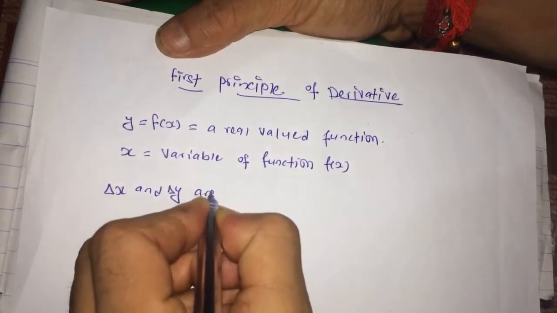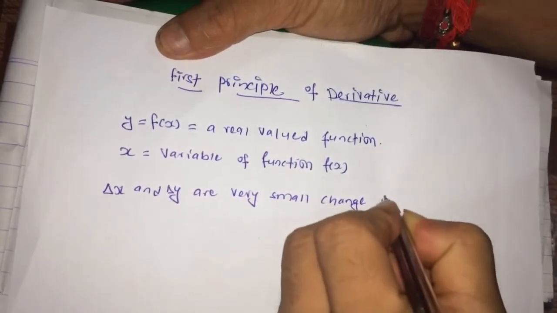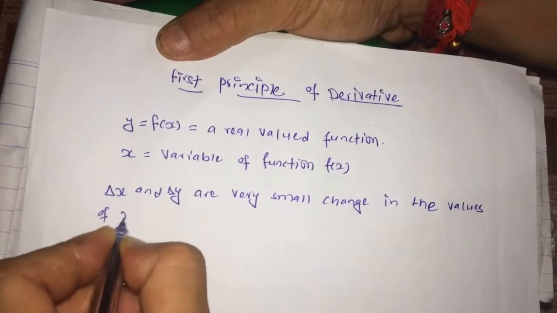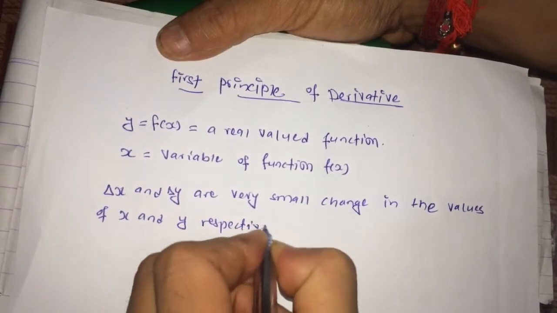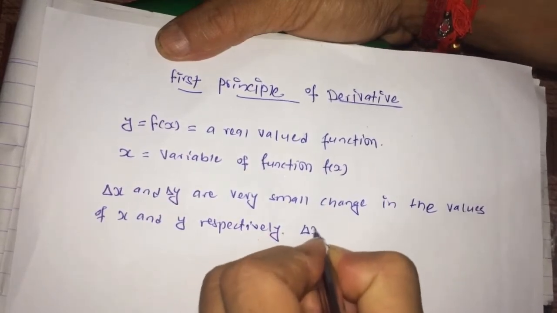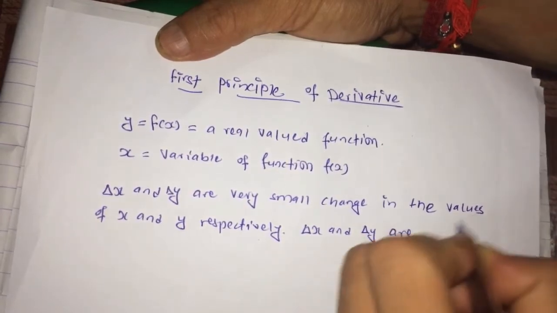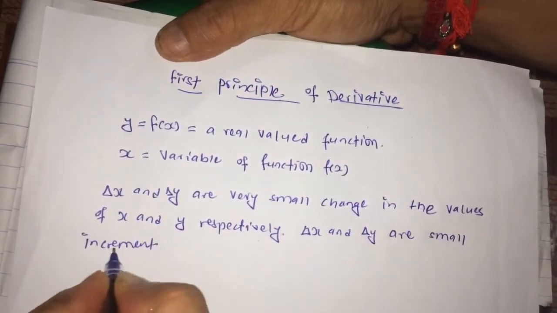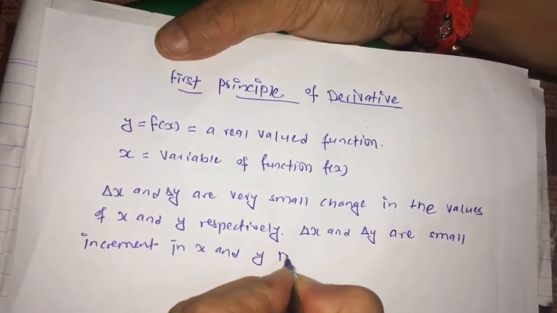These are very small changes in the values of x and y respectively, or in other words, del x and del y are a small increment in x and y respectively.